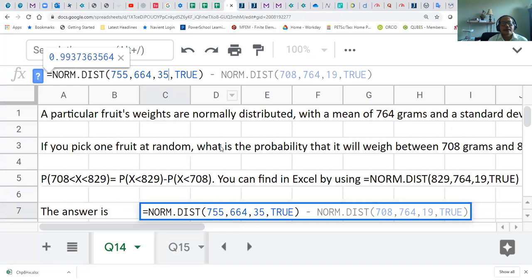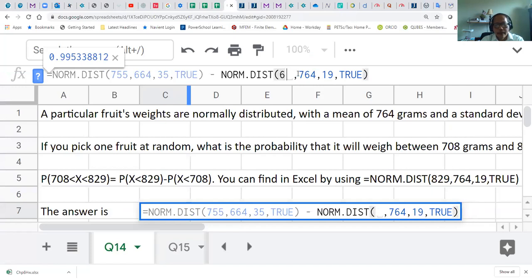So this one should be 699. The mean is 664. The standard deviation is 35. Right?